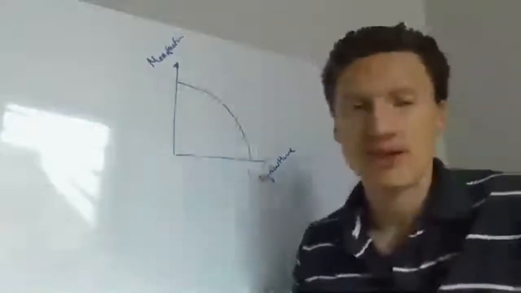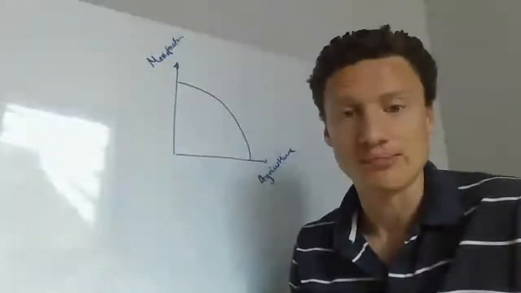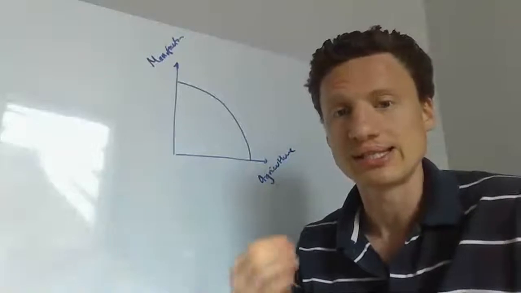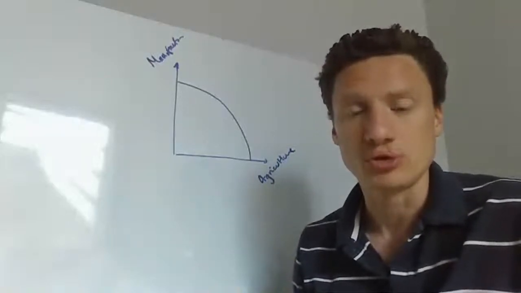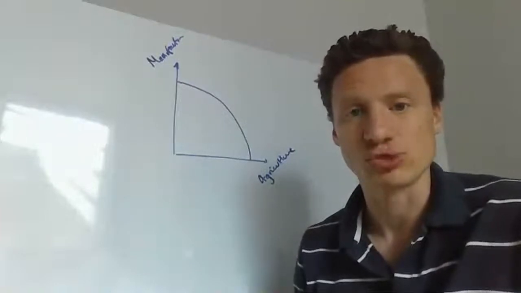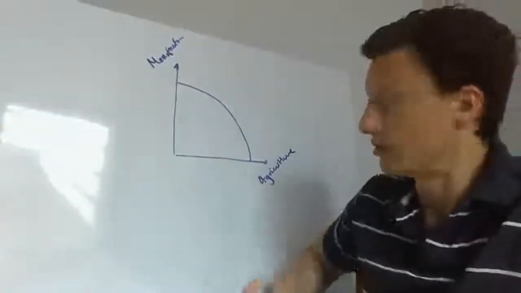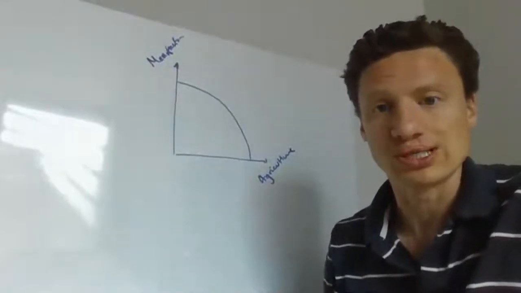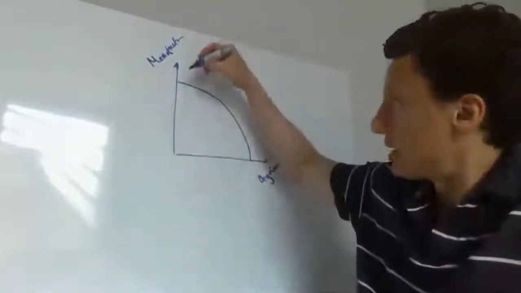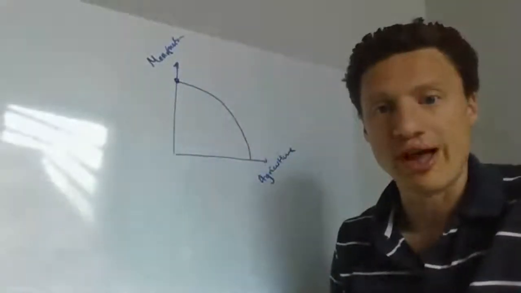So the PPF therefore acts like a boundary. Basically, what it says is this is the maximum level of output that an economy can produce with its scarce resources. If, for example, this economy puts all of its resources into manufacturing goods, it would only be able to produce there.